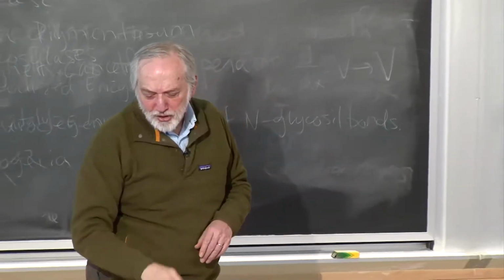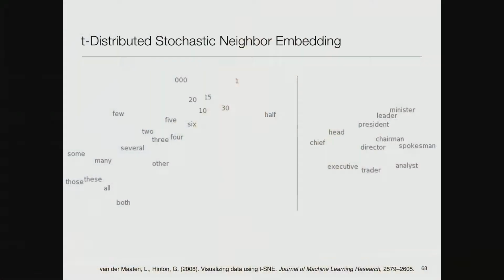So there was this other paper later from Van der Maaten and Geoff Hinton where they came up with a visualization method to take these high-dimensional vectors and visualize them in 2 dimensions. And what you see is that if you take a bunch of concepts that are count concepts, so 1, half, 30, 15, 5, 4, 2, 3, several, some, many, etc., there is a geometric relationship between them.